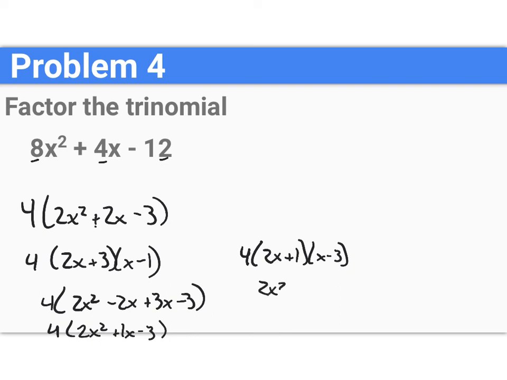All right, 2x squared minus 6x plus 1x minus 3, times 4. That gives us negative 5x in the middle. Why am I creating all this trouble and drama? Right now, this one looks not factorable.